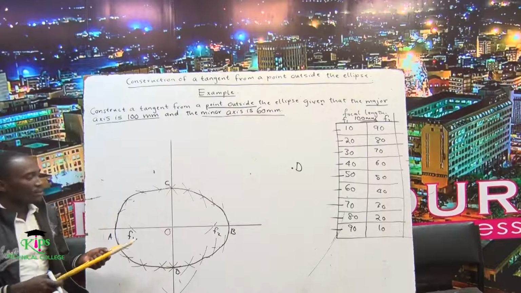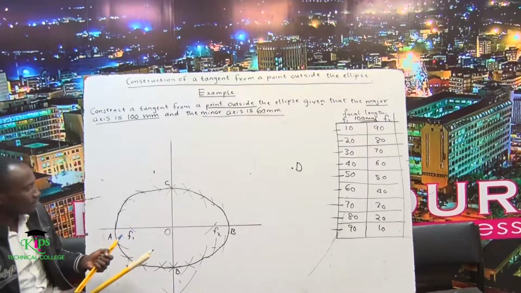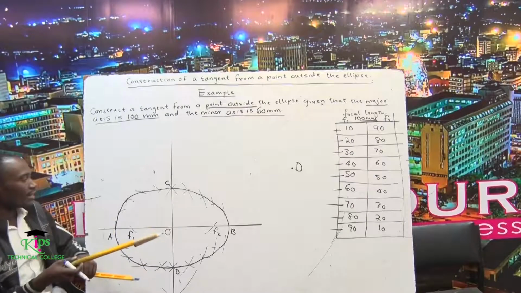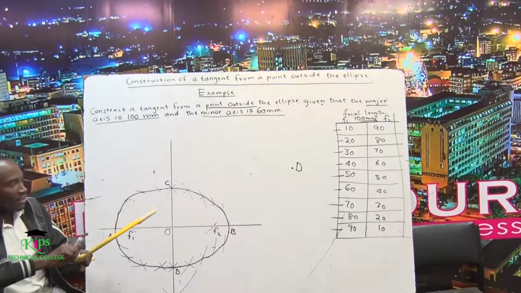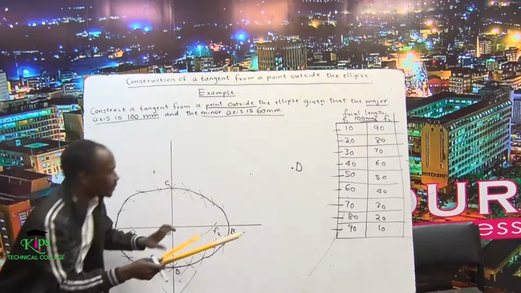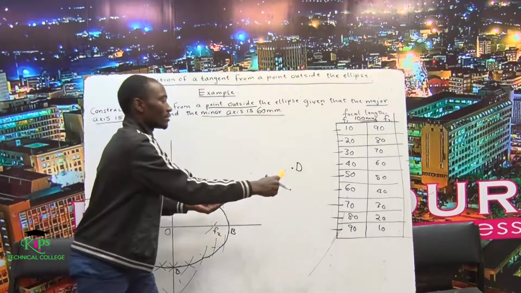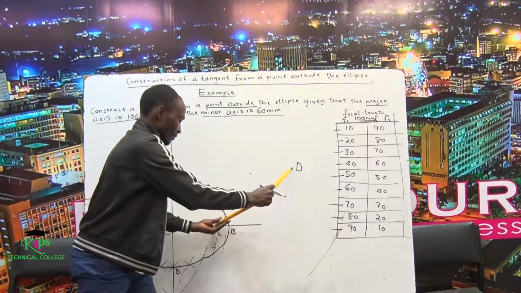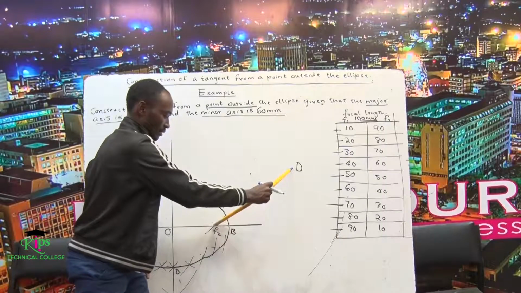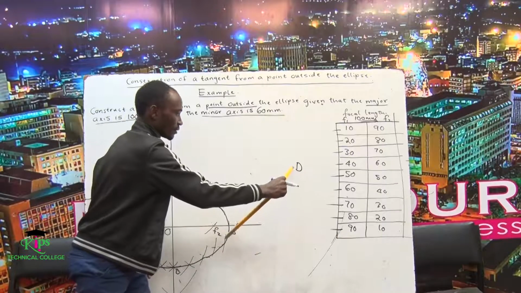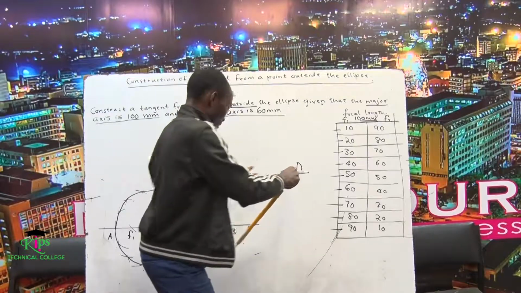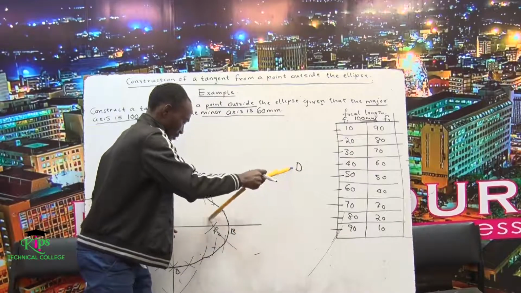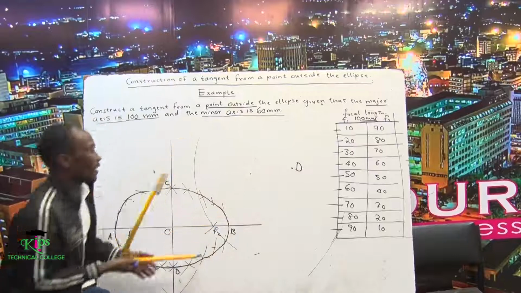Now, how do we begin? First of all, you should stretch your compass to point D towards F2 like this, then draw an arc.